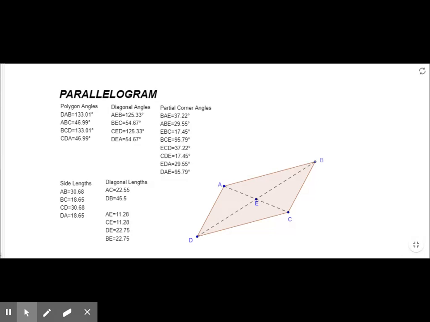So go ahead and write that next to your sketch. If you did not find the definition, then that's something you'll need to do. Let's find the definition right now.